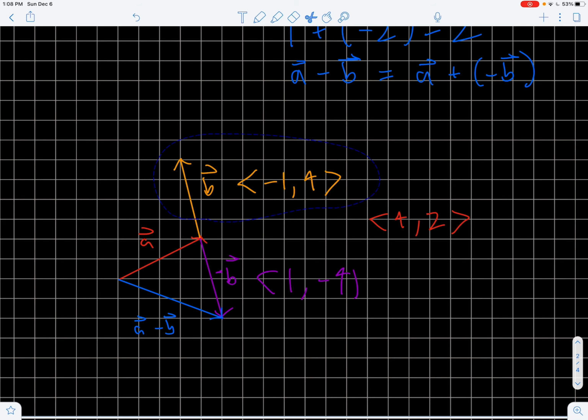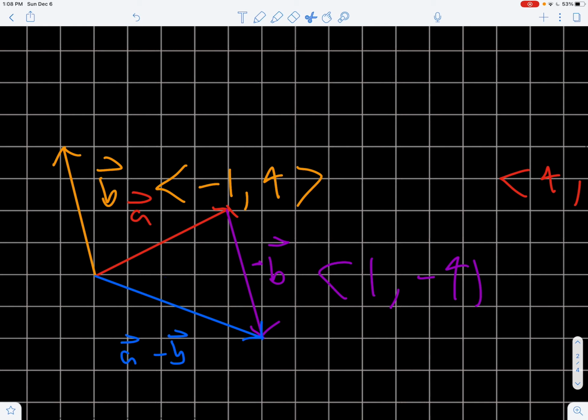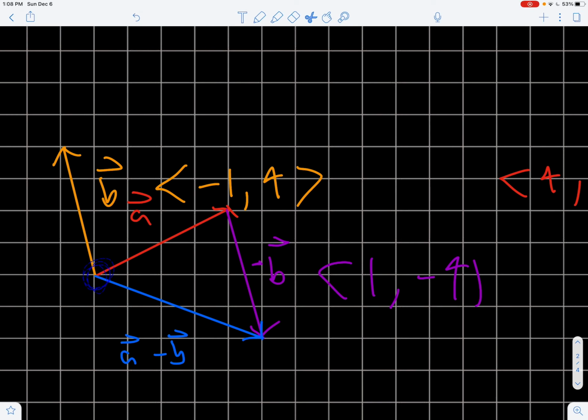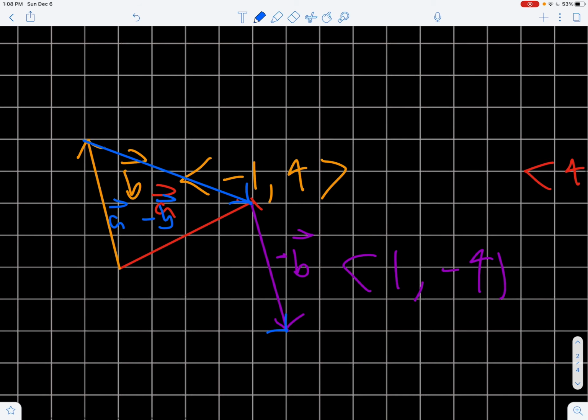So, if I took this vector and I put it over here, there, I put their tails together. I gave them the same initial point. I could move this vector right there. And it looks a little bit off because I'm bad at drawing, but they're the exact same. So this guy is also vector A minus vector B.